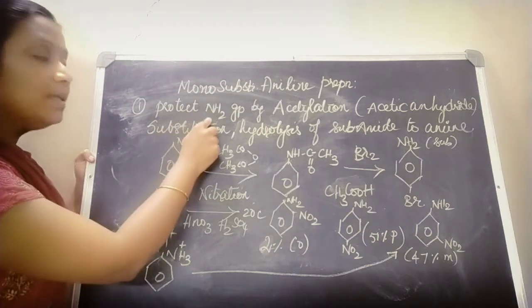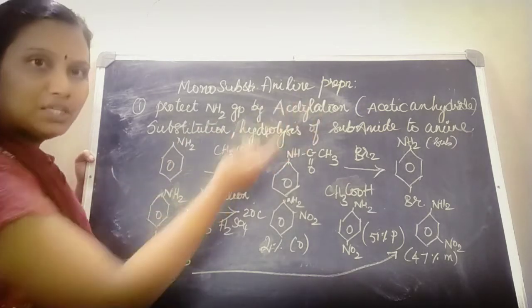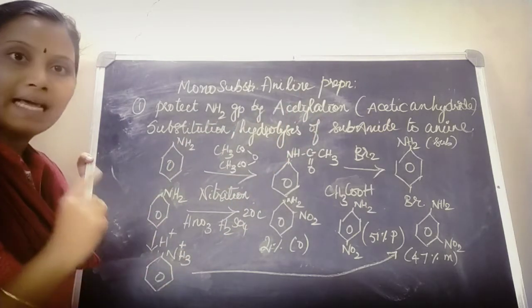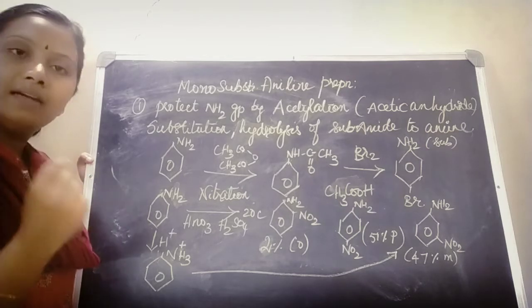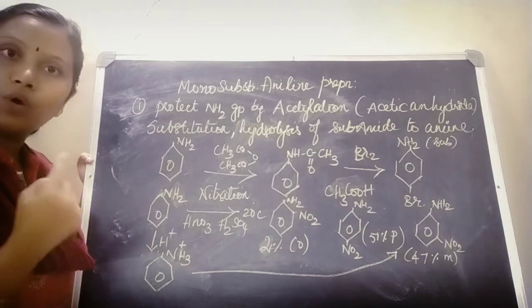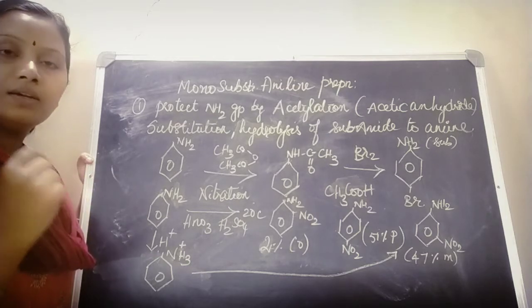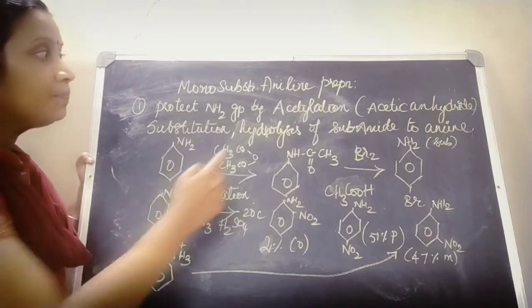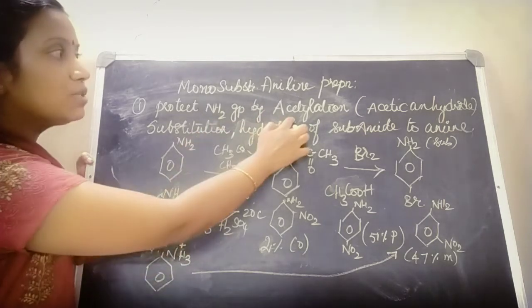You should protect the NH2 group of aniline by means of acetylation. We saw what alkylation is, where we added an alkyl group, and acylation, where we added acetyl chlorides and acetic anhydrides. So I am going to protect the NH2 group of aniline by acetylation.